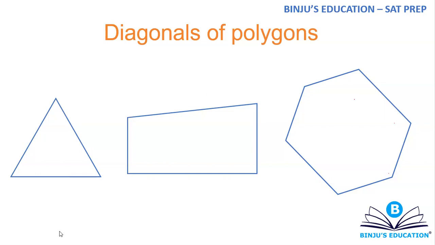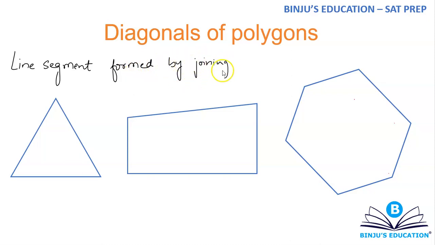Diagonals are basically line segments formed by joining any two non-adjacent vertices.